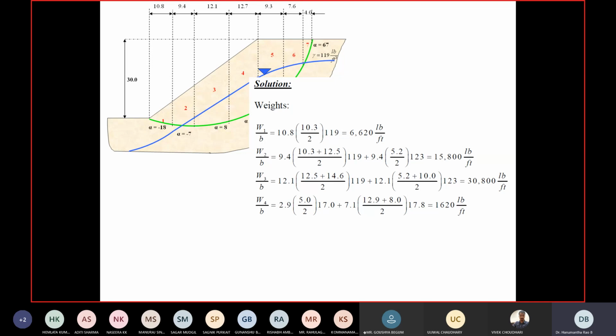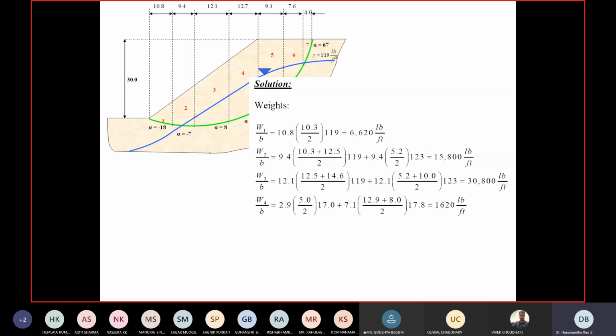Here, for example, if you look carefully at W2, it is 10.3 plus 12.5 by 2. So this is the average of the heights on the two sides. Another thing also, if you look carefully at slice number 2, some part of the area is above the groundwater table and some part is below the groundwater table.